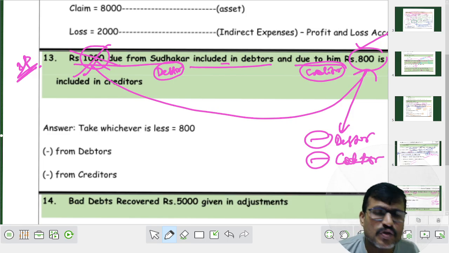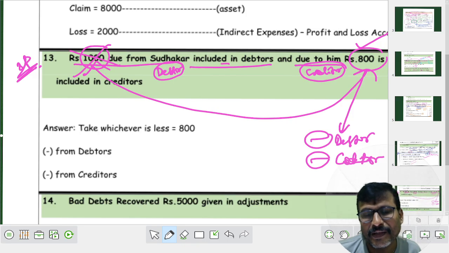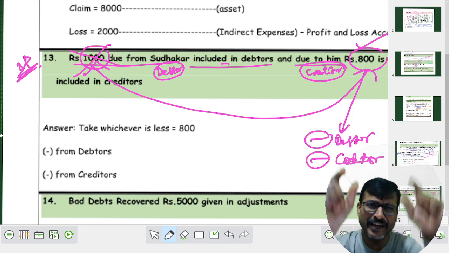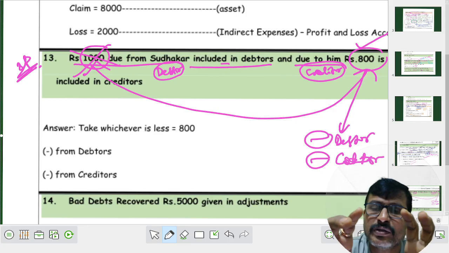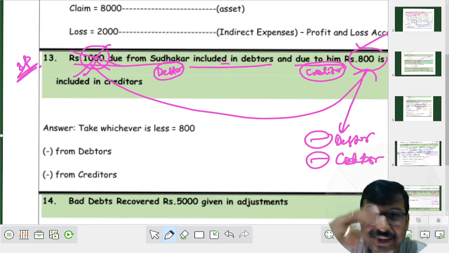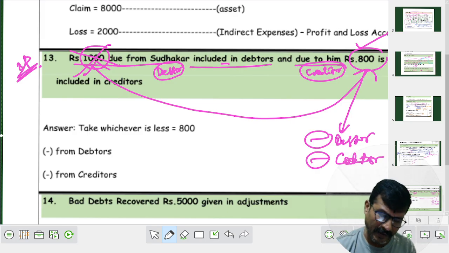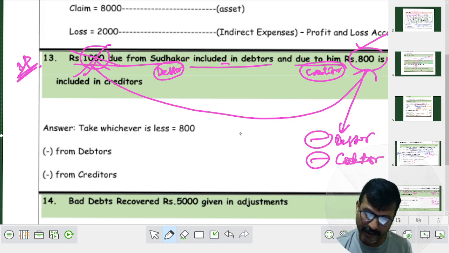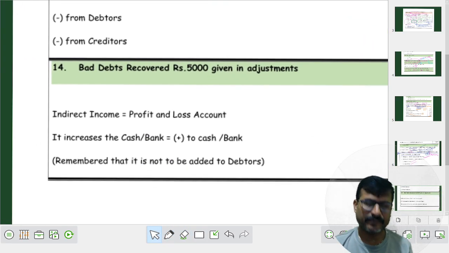But here Sudhakar is not a company, it is a person, so inter-person dues. In such a case, take whichever is less among the two, and that selected amount is to be subtracted both from your debtors and also from your creditors. Got it? Okay, fine. Let me move on to the next one.